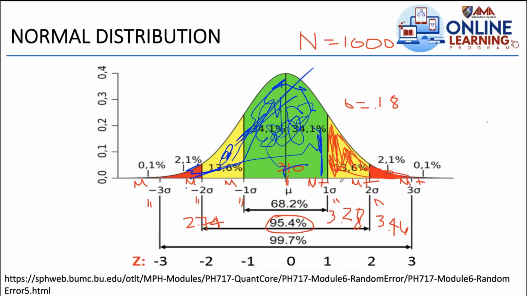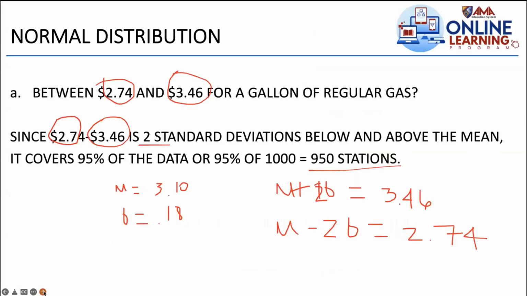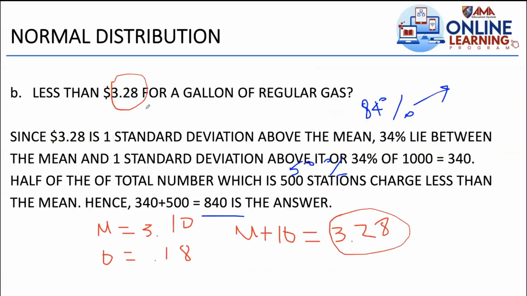So meaning to say, how many data values, or how many stations, are greater than 3.28? We have 160. 160 stations charged greater than 3.28 for a gallon of regular gas. That's an additional problem, to distinguish less than from more than.